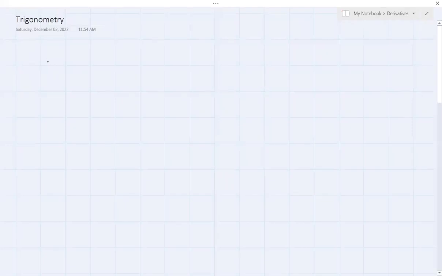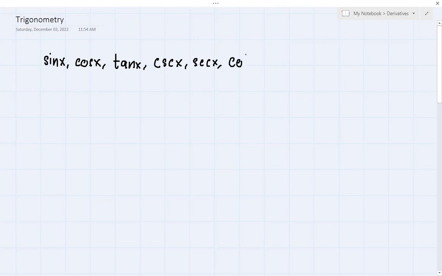So we have the trigonometric functions such as sine, next si cosine, sunod si tangent, sunod si cosecant, sunod si secant x, at ang panghuli, last but not the least, cotangent x.